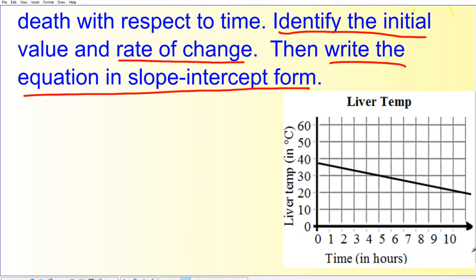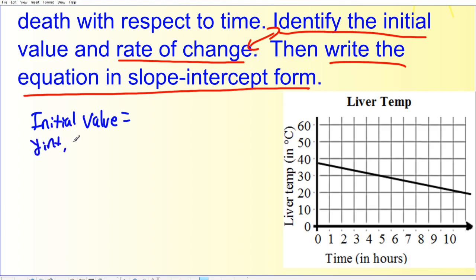Okay, so let's see what you come up with. Like before, we can't really write the equation until we find these other two guys. So we need to find the slope and the intercept to write the equation in slope-intercept form. I'm going to start with the initial value. My initial value is still my y-intercept.